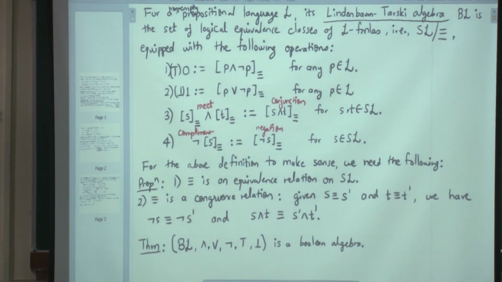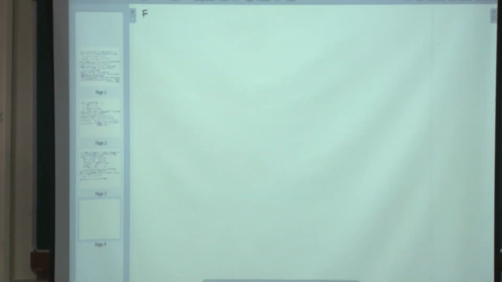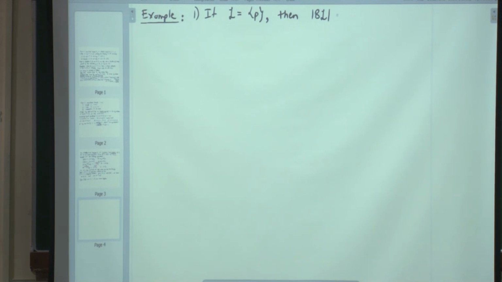Okay, if you have a Boolean algebra, then first we need to look at some examples. First example, if L is equal to singleton P, then how many logical equivalence classes of L formulas are there? 4. What 4 classes? P, negation P and two more.